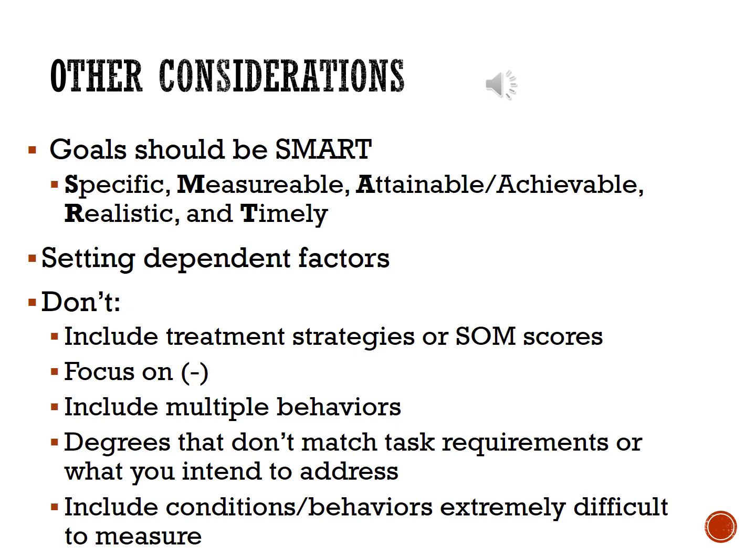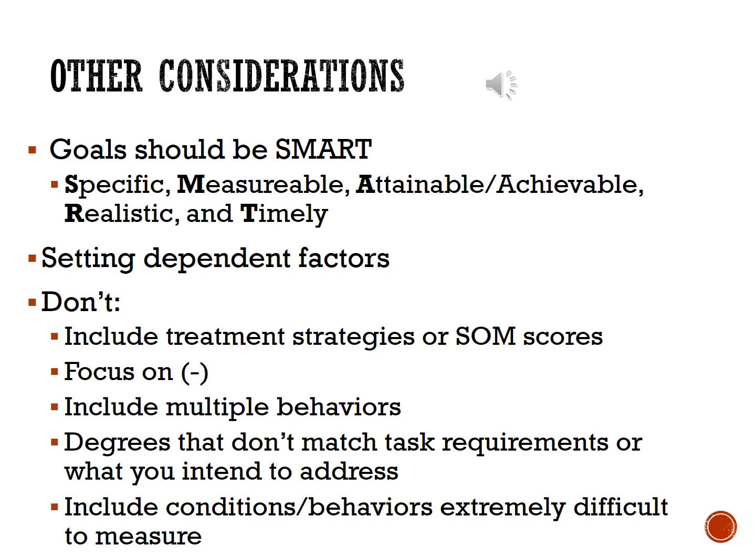Then when you're thinking about writing the degrees, number of trials, and so forth, make sure that your degrees are in line with what is needed for that task and what you intend to address, and also that it's feasible.